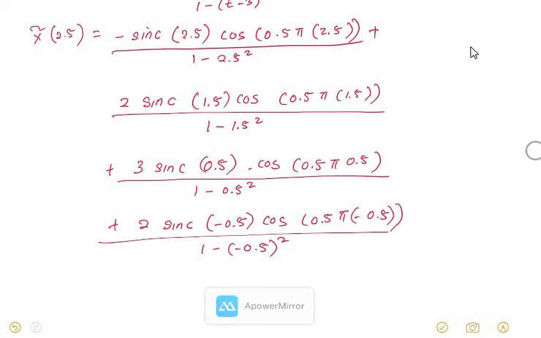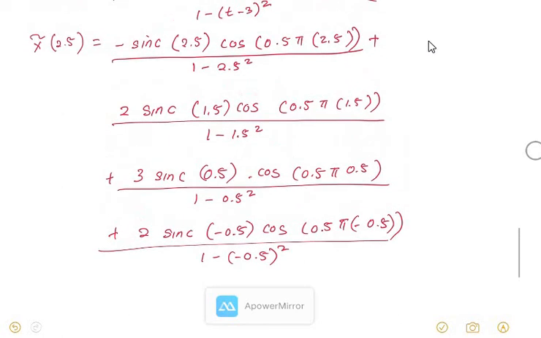So the first one, if you solve this, you will get negative 0.0171. Then you solve the second one, you will get minus 0.2401. The third one gives 1.8006, and lastly, this one will give you 1.2004.